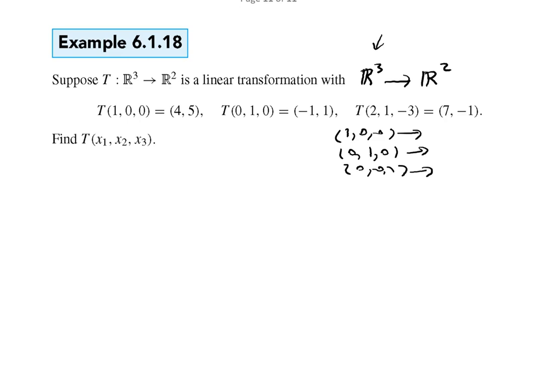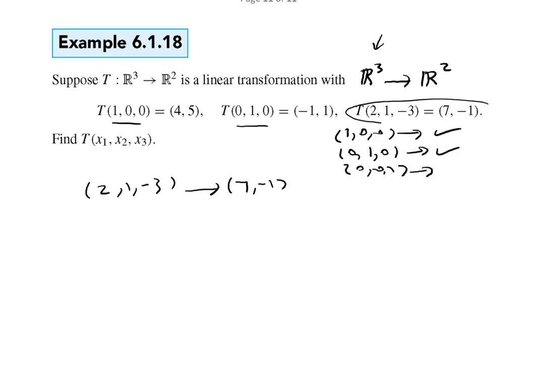They gave me the first one right here. They gave me the second one right here, but they didn't give me the third one. Instead of the third one, they gave me something different. They told me that 2, 1, negative 3 is mapped to 7 and negative 1, which is at the end.